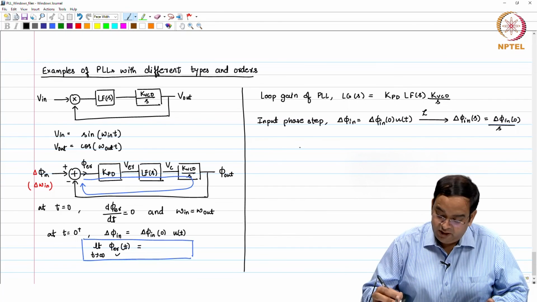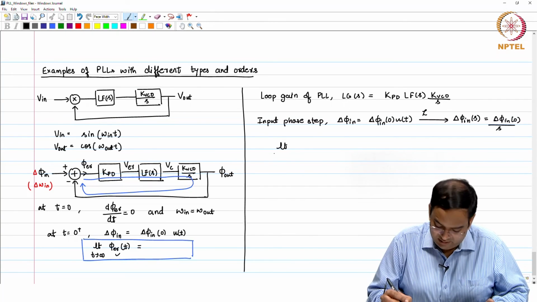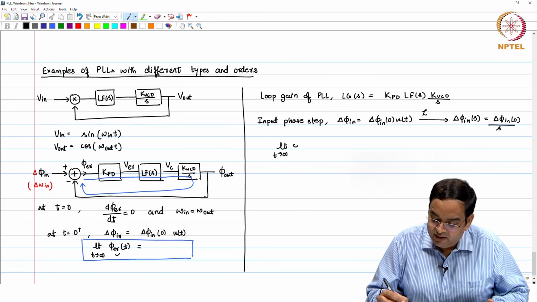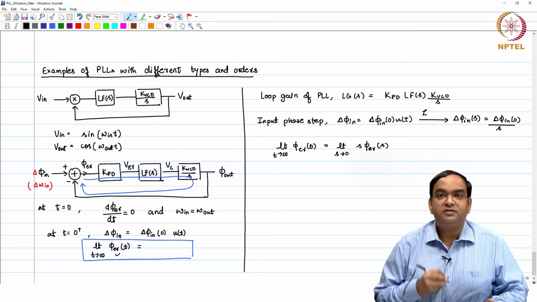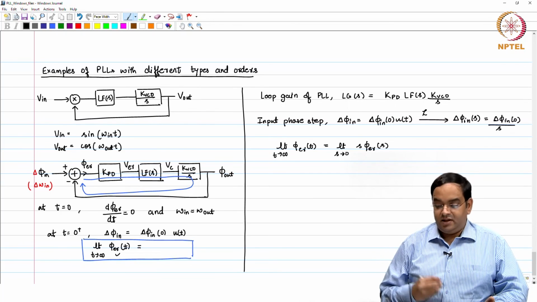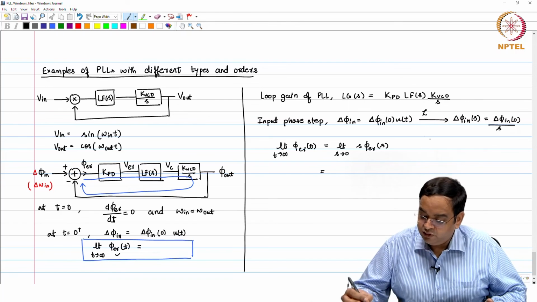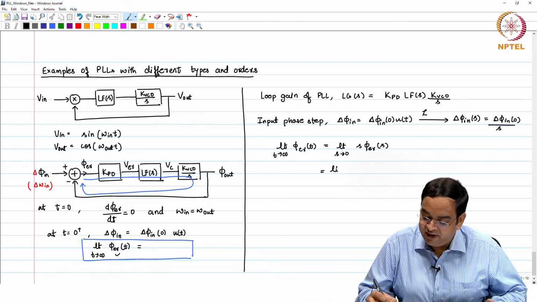So, for this particular case, our error at infinity is equal to the limit S tends to 0 of S times phase error of S. In the previous session, we also found what this phase error of S is.